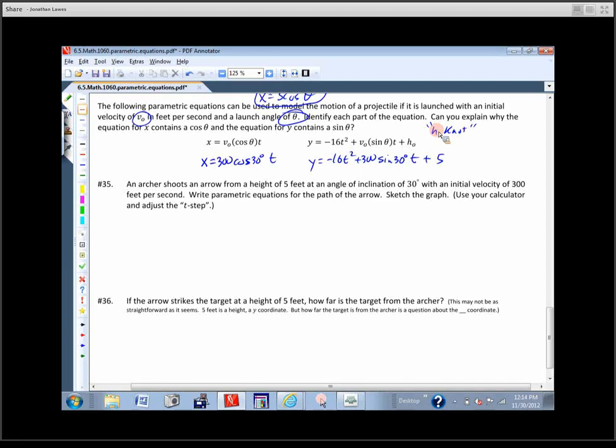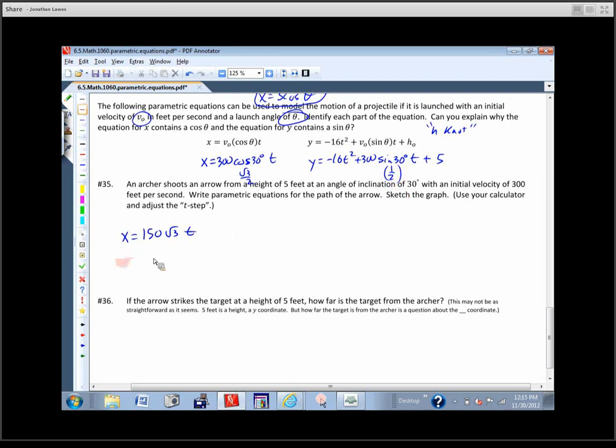Okay, so here are the equations we're going to use. Cosine of 30 degrees. Radical 3 over 2. So this is going to be x equals, if I cancel the two of those, that's 150 radical 3 times t. Sine of 30 degrees, 1/2.